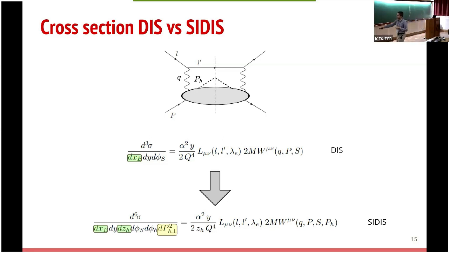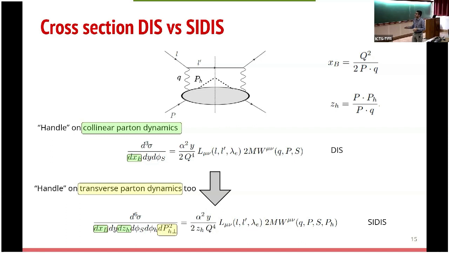The cross-section is not only differential with respect to XB, like in DIS, where XB was the collinear momentum fraction of the quark with respect to the momentum of the hadron, but you're also sensitive to ZH, where this Z variable measures the collinear momentum of the detected hadron compared to the axis of the fragmenting quark. And if you want, you can also measure the transverse momentum of this outgoing hadron with respect to a certain axis. Measuring this transverse momentum gives you the possibility to access the transverse momentum of the quark in the target and the transverse momentum of the quark that fragments, that hadronizes.